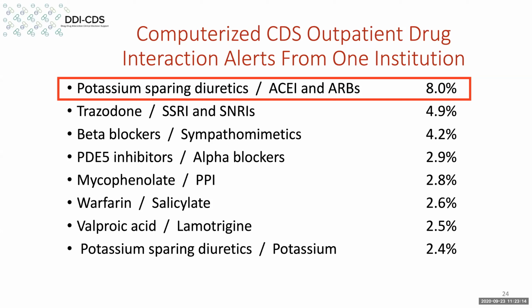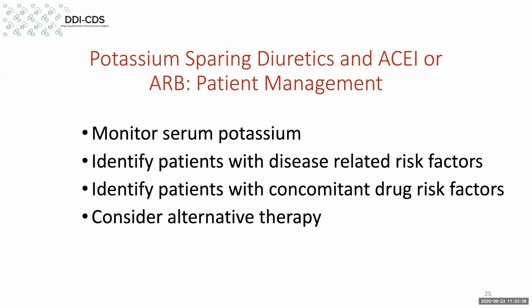Everybody has a little different definition of that in their systems, but that's what this is. You can see right at the top of this list is potassium-sparing diuretics and ACE and ARBs. So this is really a common interaction alert. If you think about it, some systems are triggering thousands of alerts per month, and 8% of those is a lot of alerts. Let's move on to the next slide.